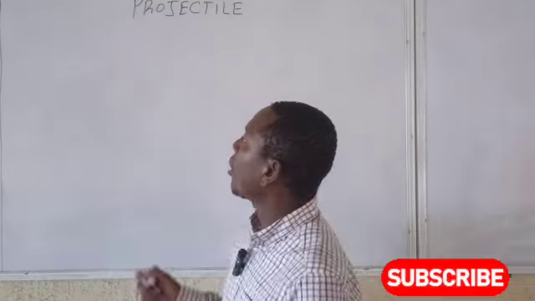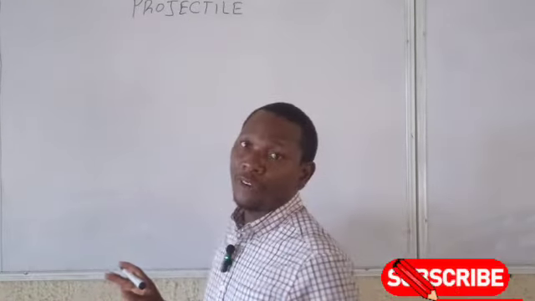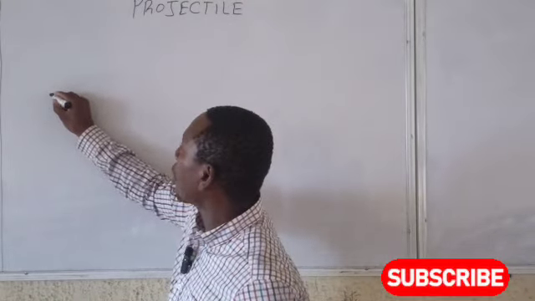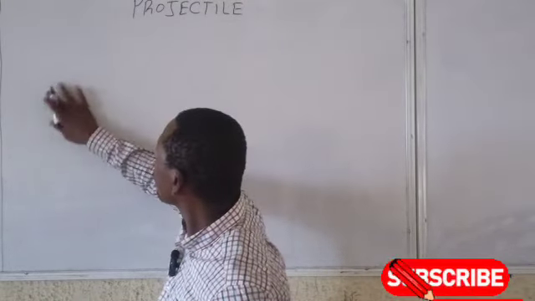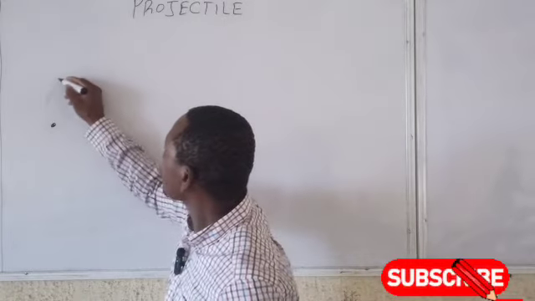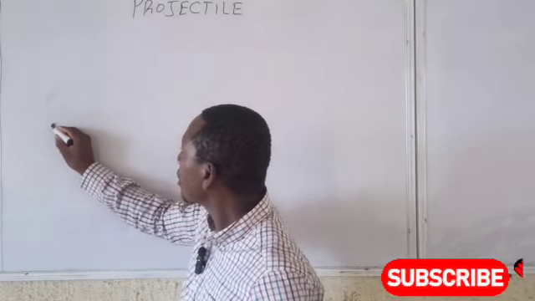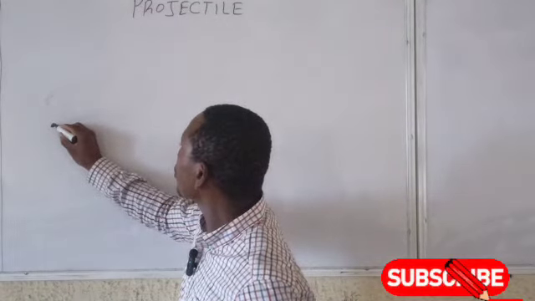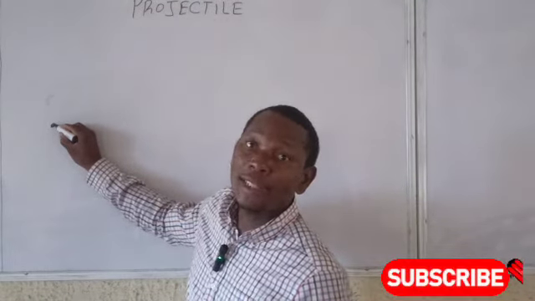All right. Now, I'll just explain to you a very simple diagram. Let's assume this is a ball. You kicked the ball with an initial velocity of, let's say, 20.